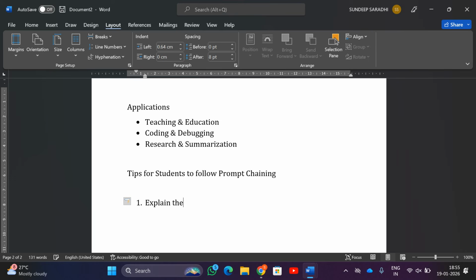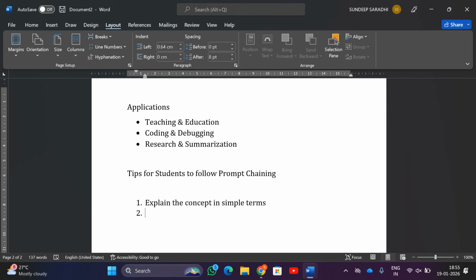So explain the concept in simple terms. Okay, the first prompt is explain the concept. Here in the place of concept, you can give the concept. For example, in this example, we have given the iterative statements.